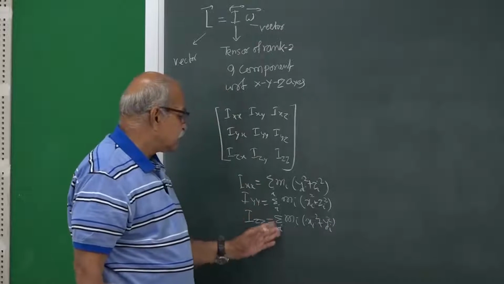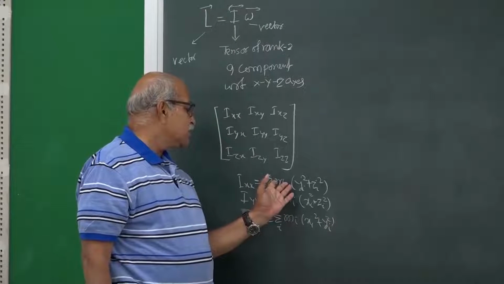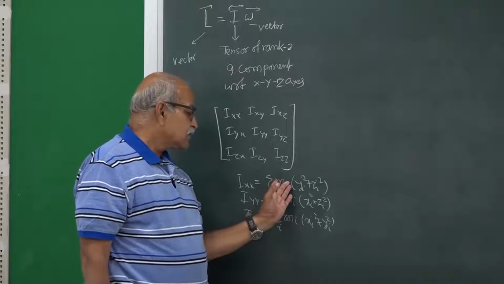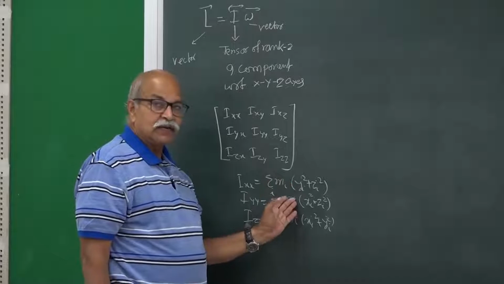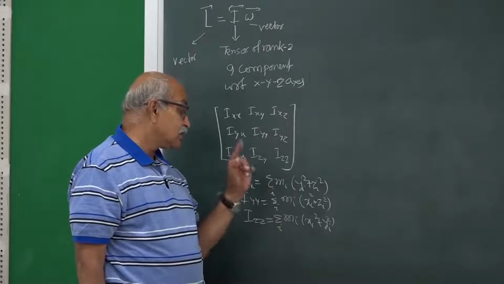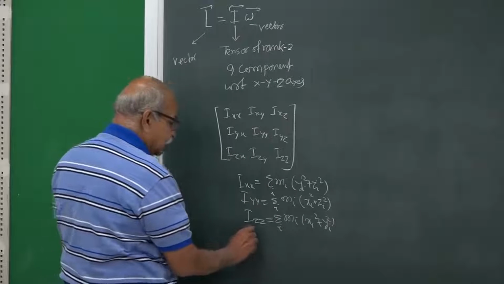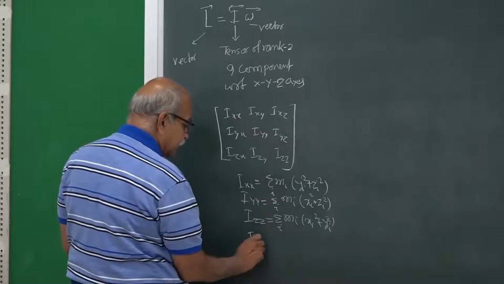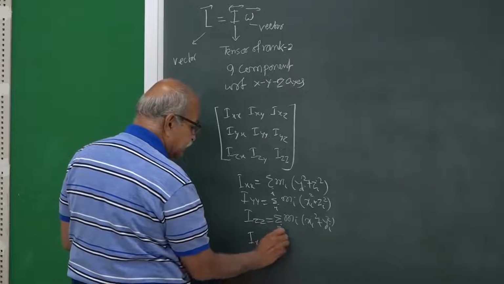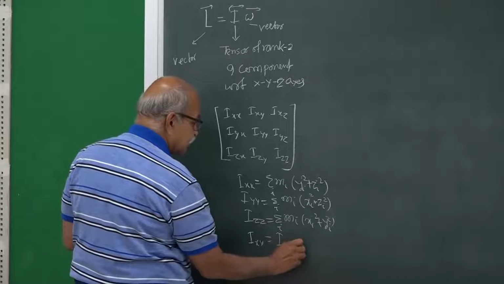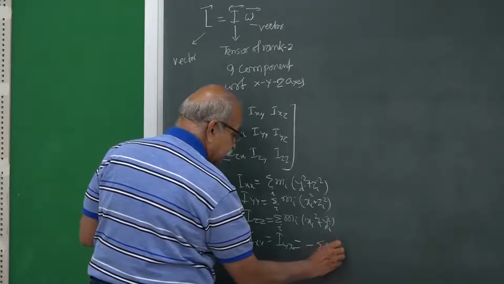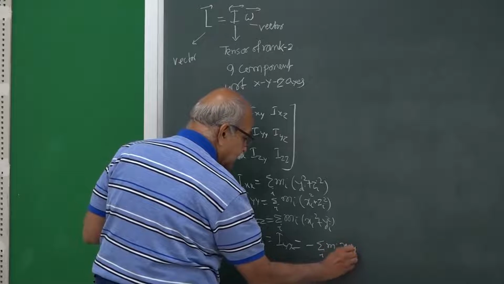These are like the moments of inertia as we studied in class 11 about the x axis, y axis, and z axis. But then there are other terms, known as products of inertia. I xy, which is the same as I yx, is minus summation over i of m i x i y i.